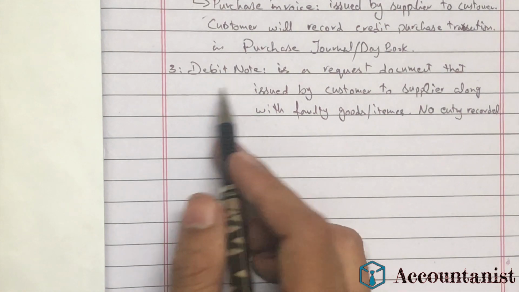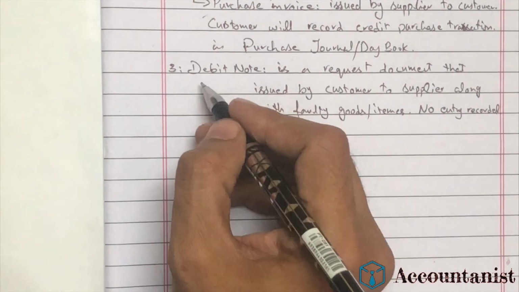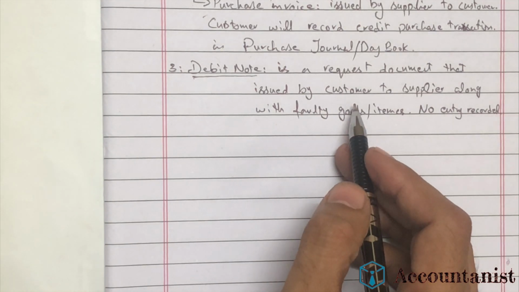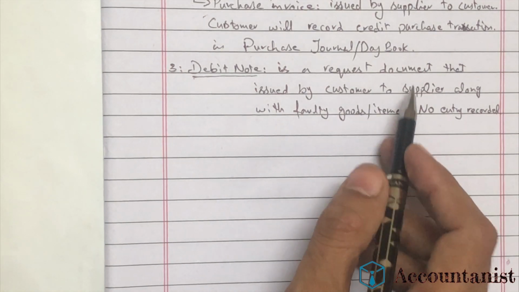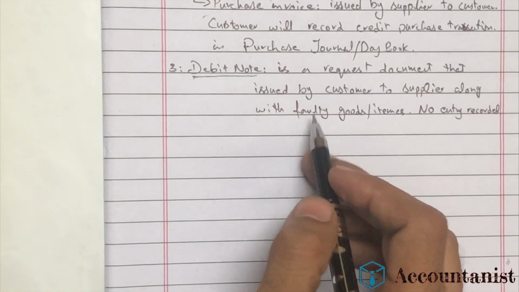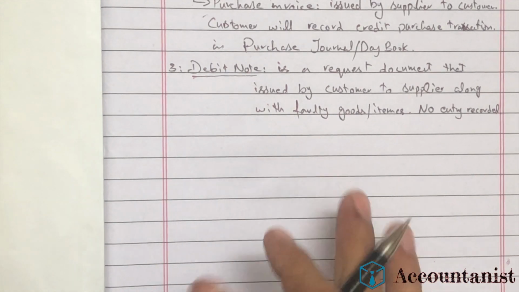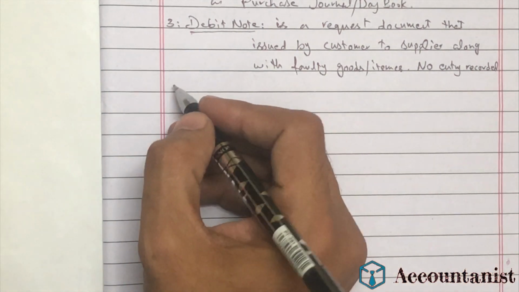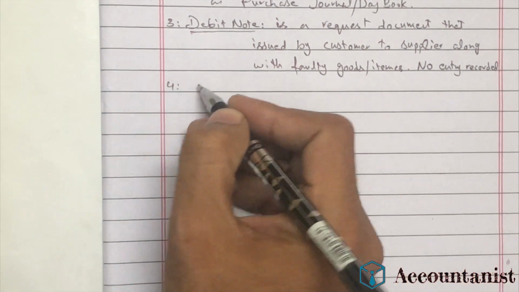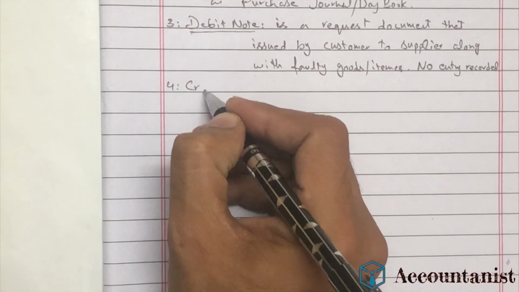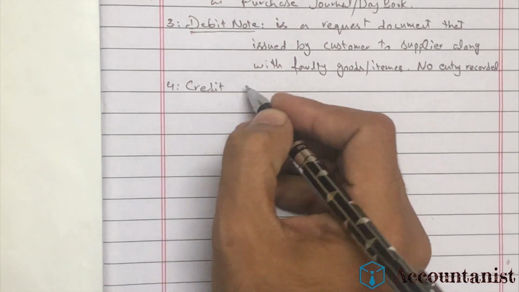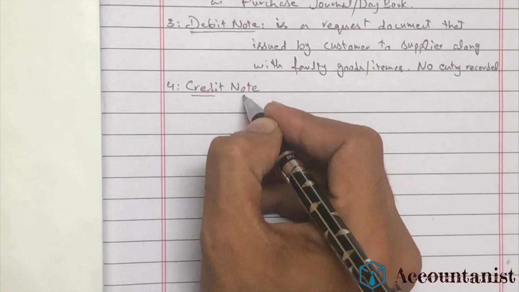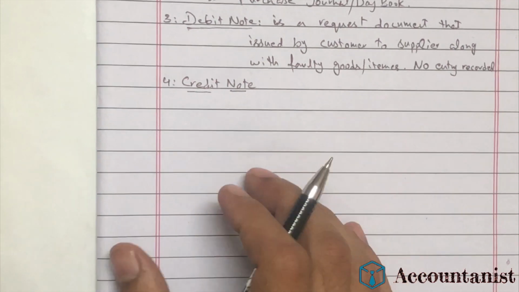We only need to know that this document is issued by customers once they receive any faulty goods, and they make a request to our suppliers to accept these faulty goods. Once the supplier accepts this debit note, they issue the credit note. That's the next document that we have in our syllabus.